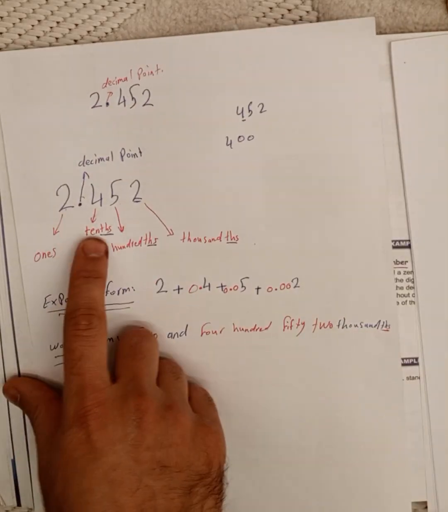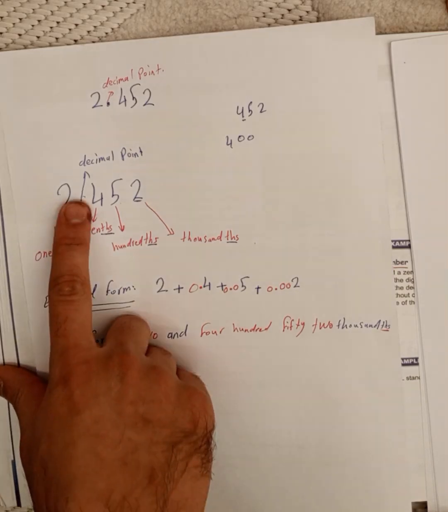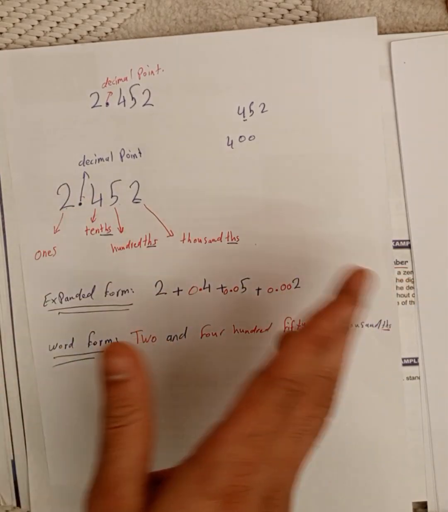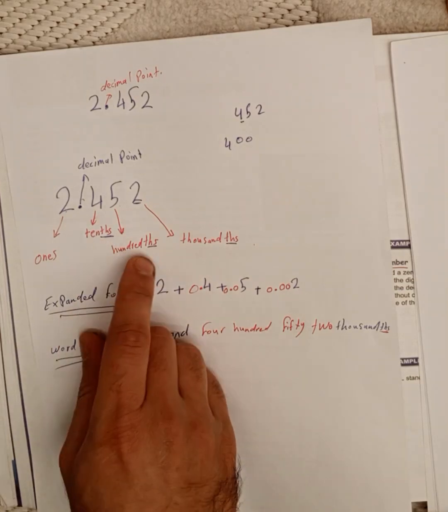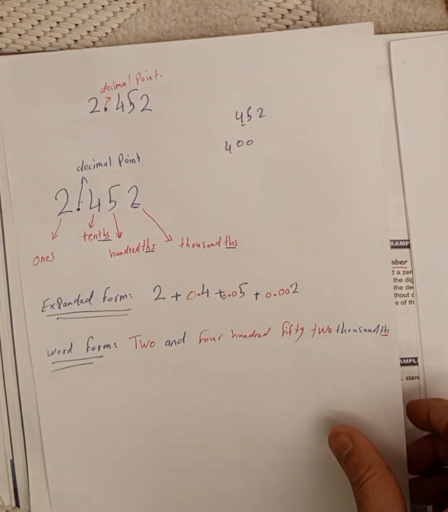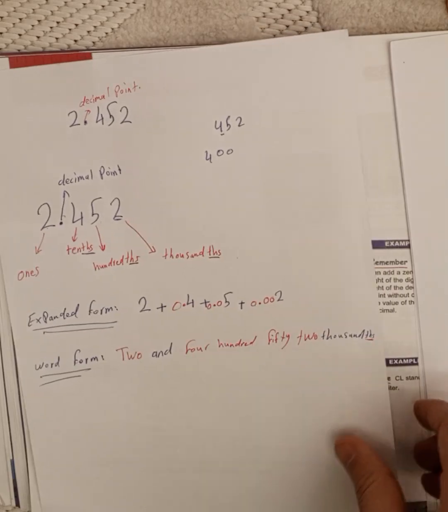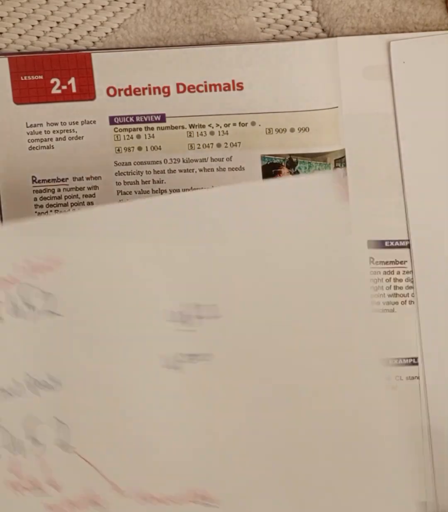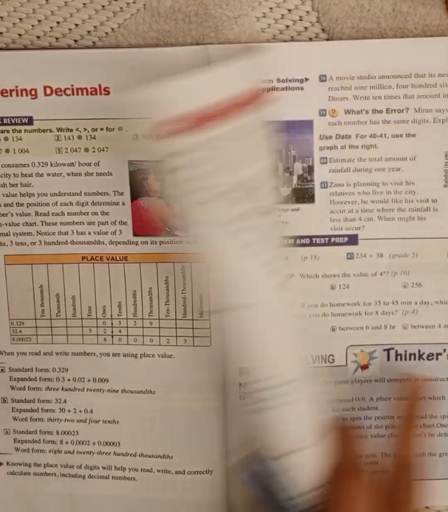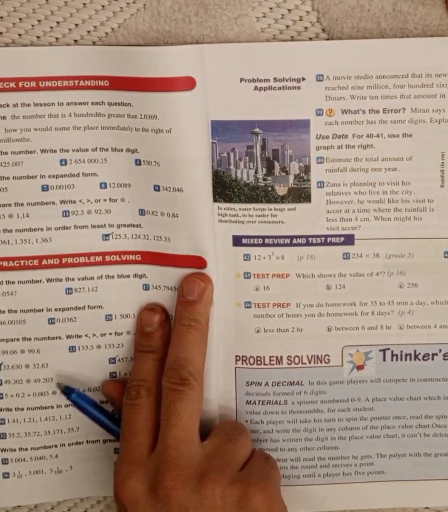If you know the place value of each digit, the ones place, then the first digit after the decimal point in tenths, hundredths, thousandths, it's very easy to compare decimal numbers. Okay, another example. Let's solve it here.